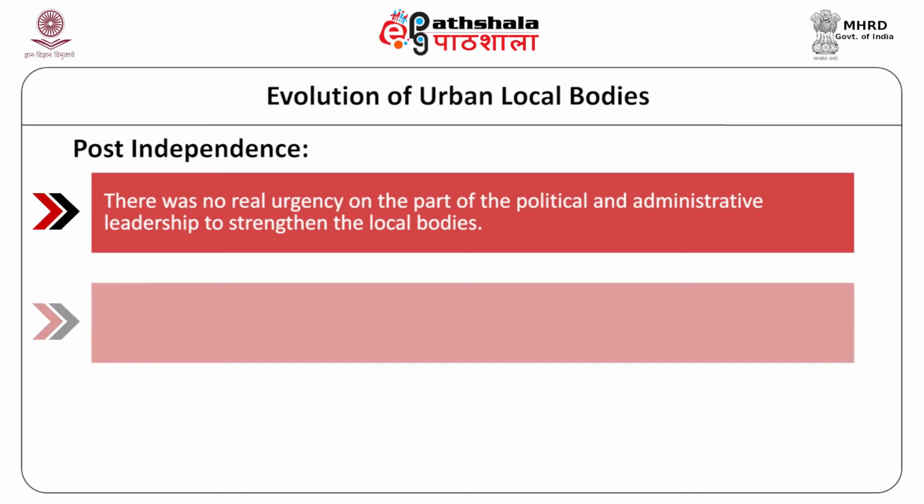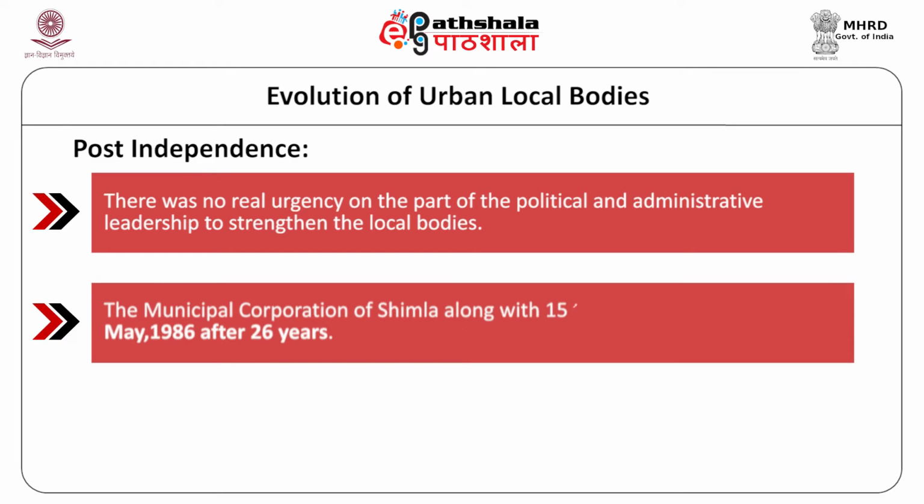The example of this is that of Himachal Pradesh. The Municipal Corporation of Shimla, along with 15 towns, went to polls after a good 26 years, in 1986. So, there was no urgency on the part of the political bosses to conduct elections due to lack of constitutional recognition.